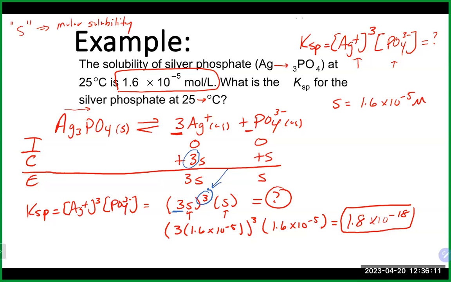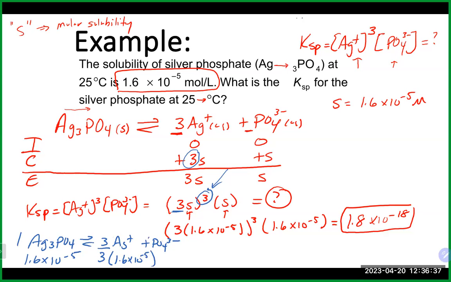Now, the other way you obviously could do it is if you understand, again, how molarity works in this particular problem. Because this guy was 1.6 times 10 to the minus 5, it is a 1 to 3 relationship. You would times this by 3 times 1.6 to the minus 5.